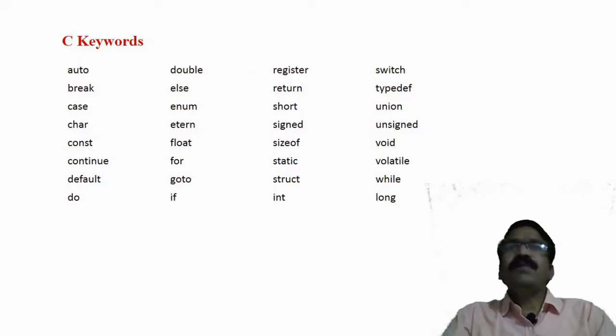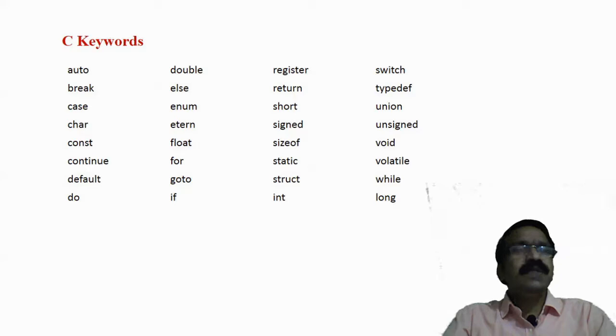Now we will see about the C keywords. These are some keywords used in C: auto, break, case, char, const, continue, double, do, default, sizeof, struct, int, union, void, while, long, and so on.